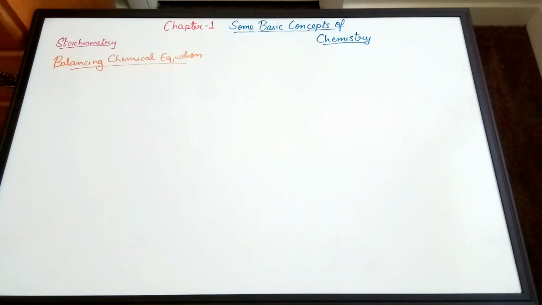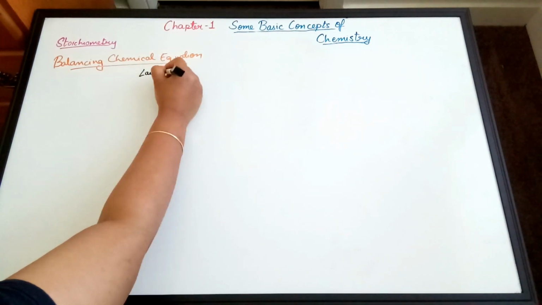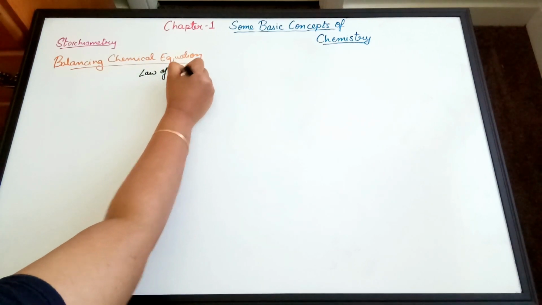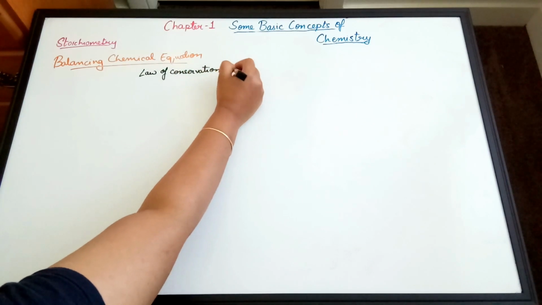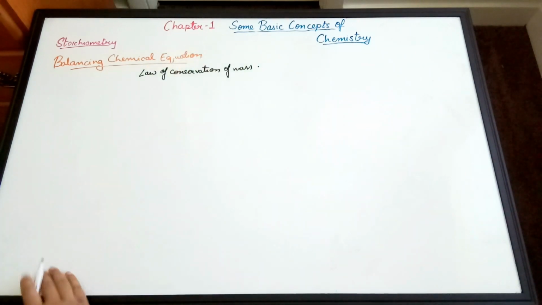As I told you, the reason we balance a chemical equation is the law of conservation of mass. There are various methods by which you can balance a chemical equation, but for some reason I've always found the method that I follow pretty easy. So let's take an equation and go from there.